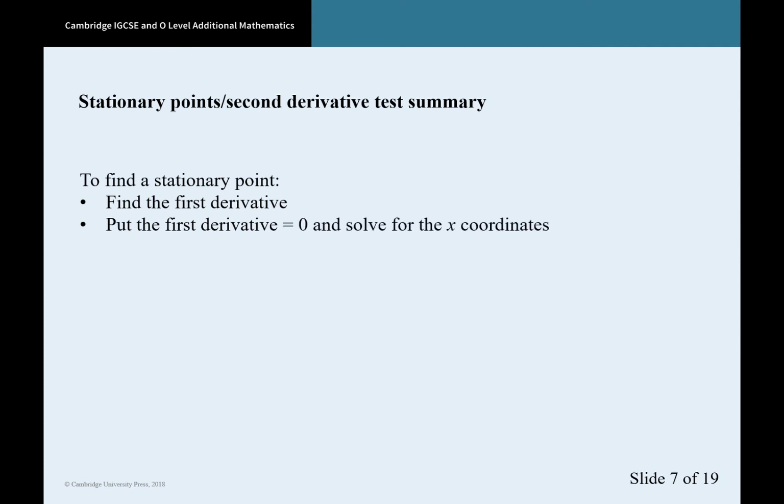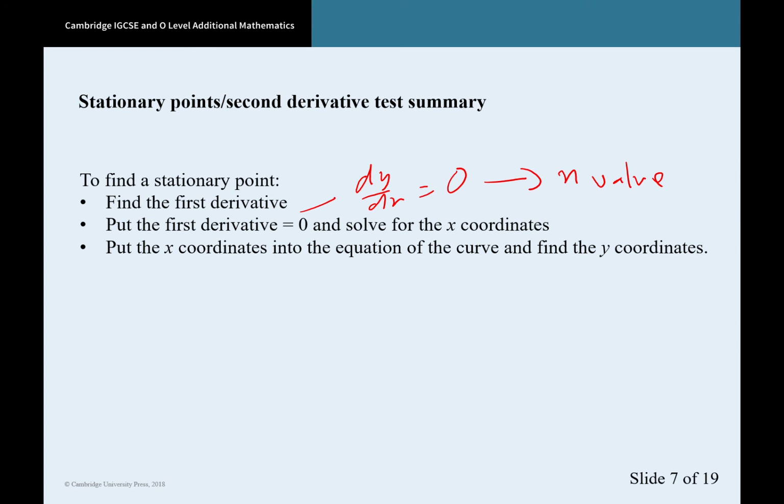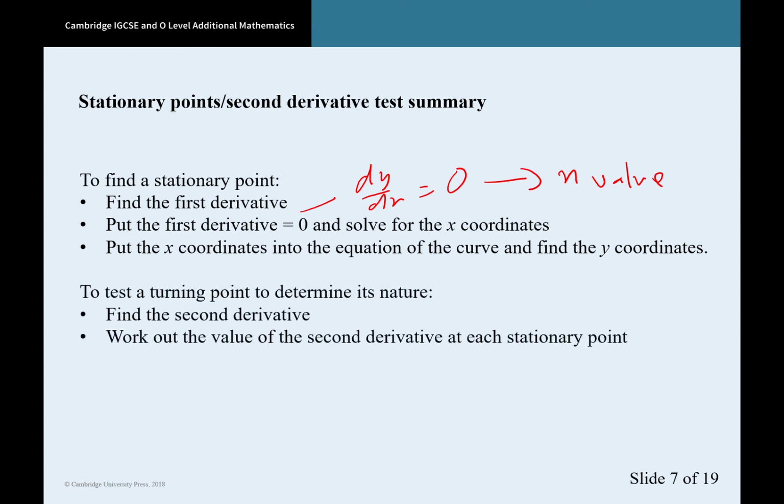So this is the step how to find the stationary point by using the second derivative. First, find the first derivative. Then put the first derivative equals to 0 and solve for the x coordinate. That means we put dy dx equals to 0 to get the value of x.